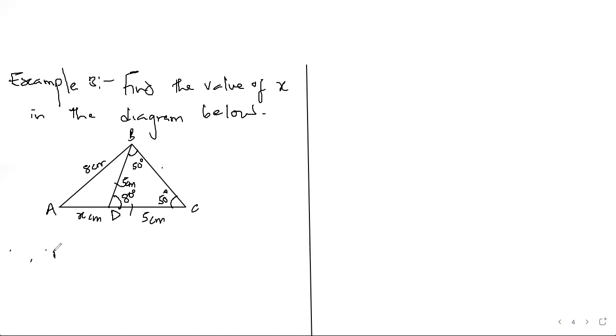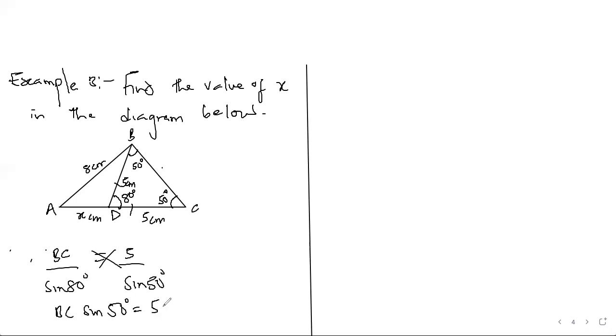So BC over sine 80 should be equal to 5 over sine 50. So this over sine of the angle will be equal to this over sine of the angle. If we cross multiply, BC sine 50 degrees will be equal to 5 sine 80 degrees.